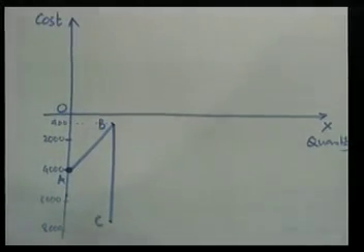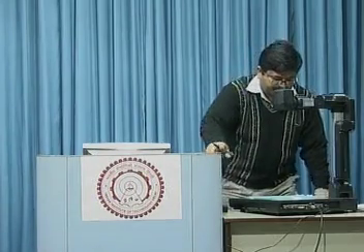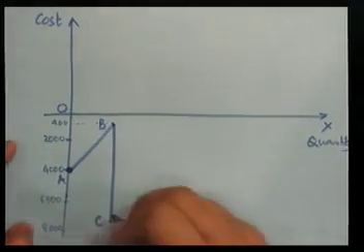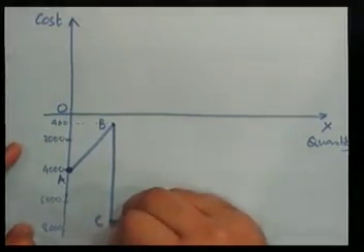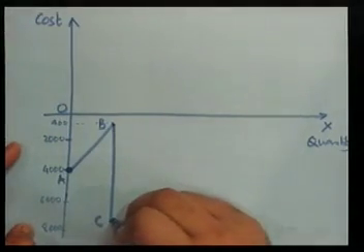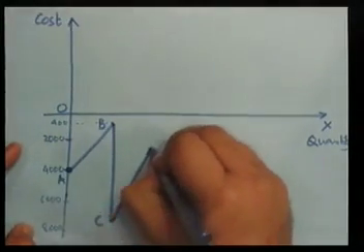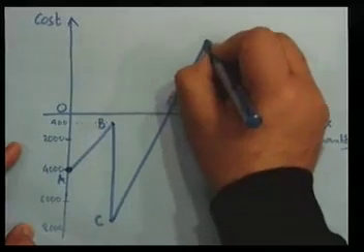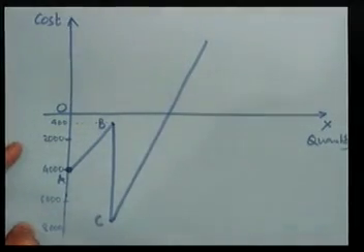Now, this particular product gives me a contribution of $3 and I am able to sell 4,000 units. So, it will be going something like this, and now it will go in plus side.